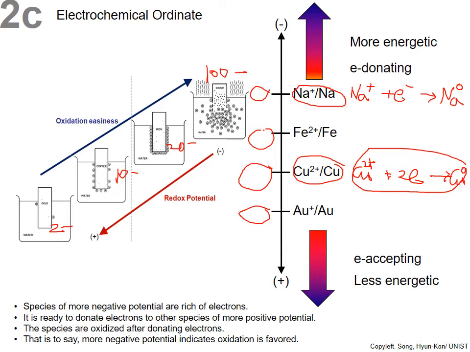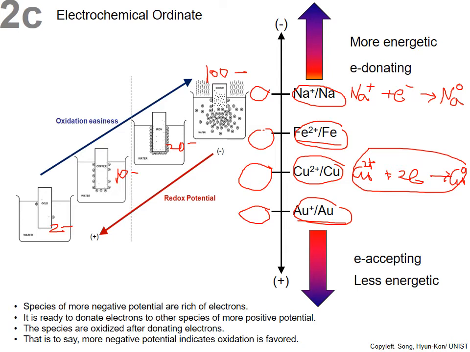Then it's time to talk about the direction of electron transfer. So right now I have 2 pairs of species like that. And then what happens? I mean, if you have those things in some electrolyte and the other things in the same electrolyte, what happens?